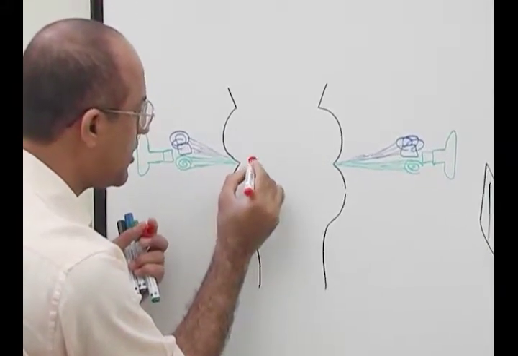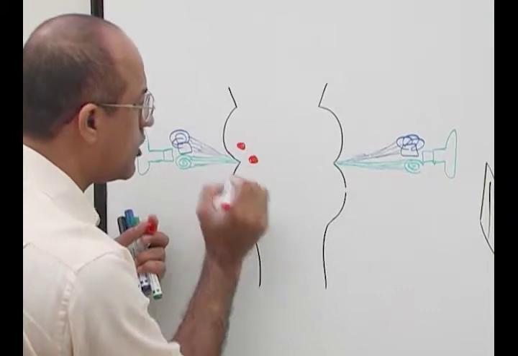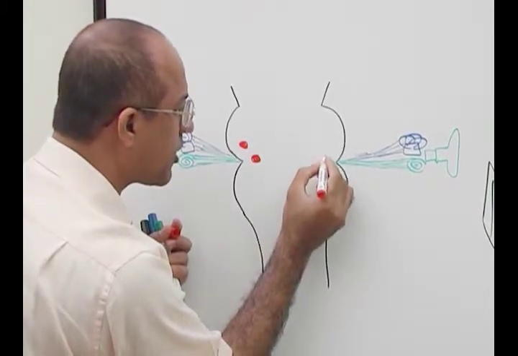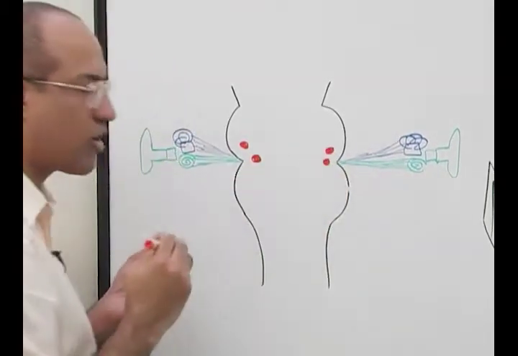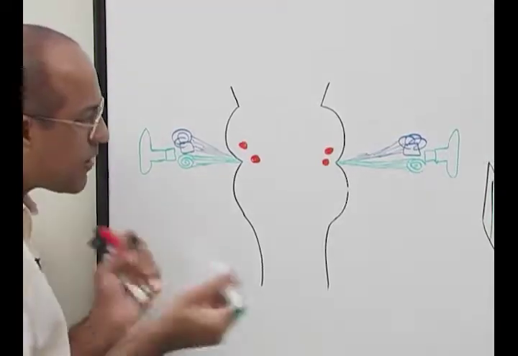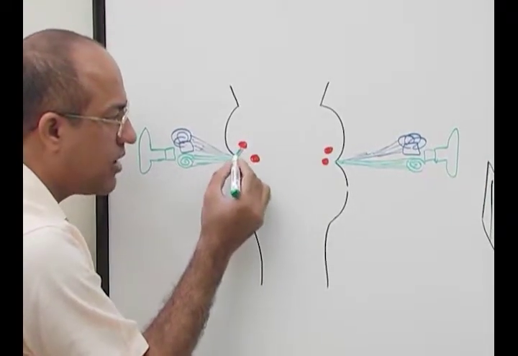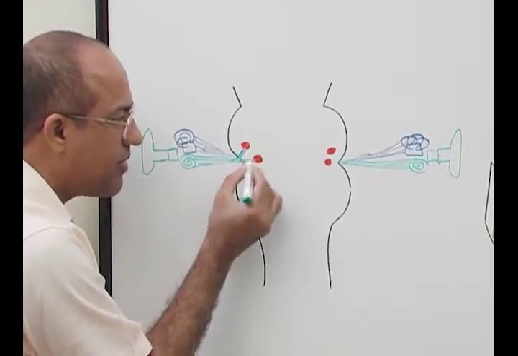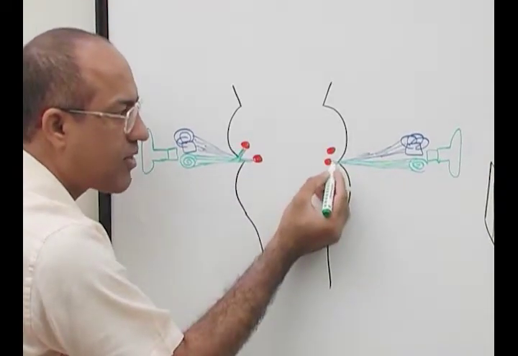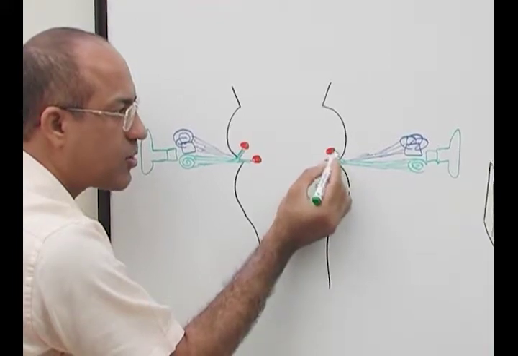This is ventral cochlear nuclei and these are dorsal cochlear nuclei. When cochlear fibers come here, they divide into 2 divisions. Some of the fibers go to the dorsal cochlear nucleus and others go to the ventral cochlear nucleus.